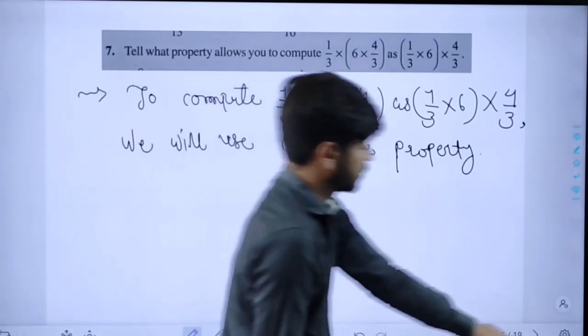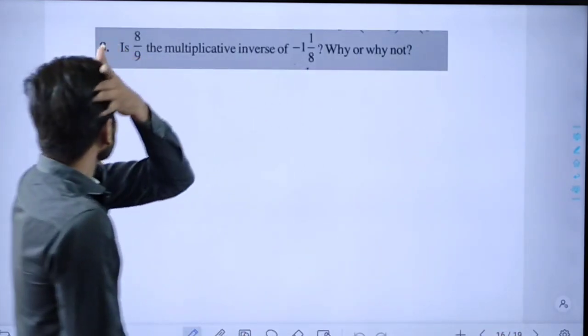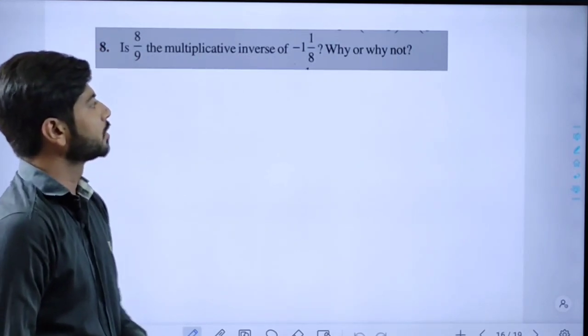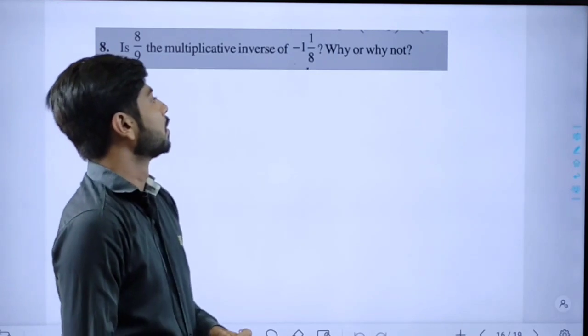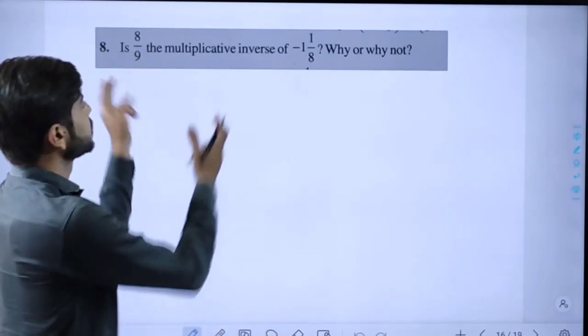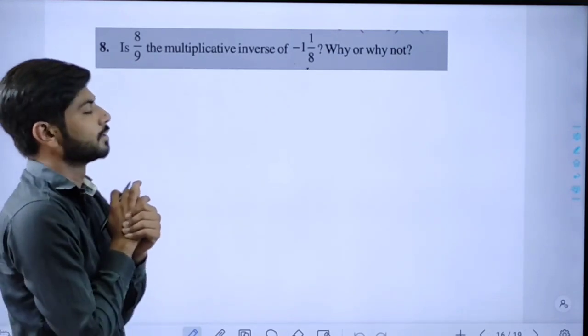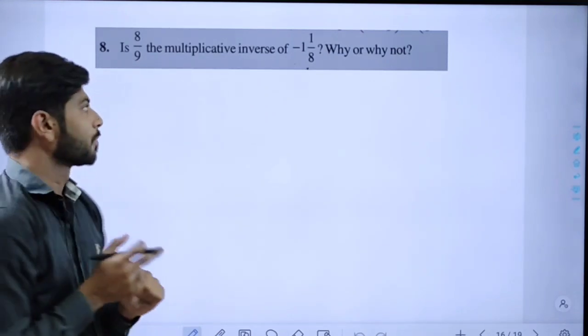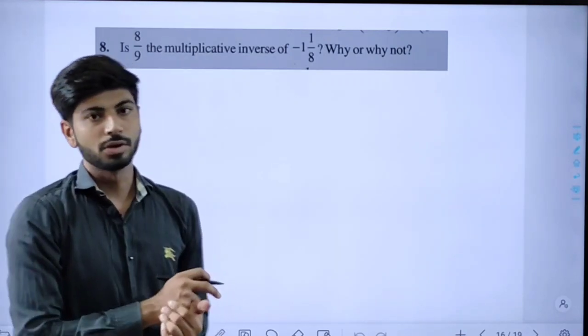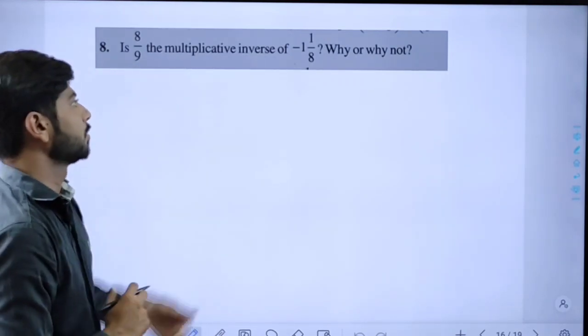Let's do the next one. 8th question. Is 8 upon 9 the multiplicative inverse of minus 1 upon 8? Why or why not? Okay, we will multiply these two numbers. If we get answer 1, it will be multiplicative inverse. If we do not get the answer as 1, it will not be multiplicative inverse.